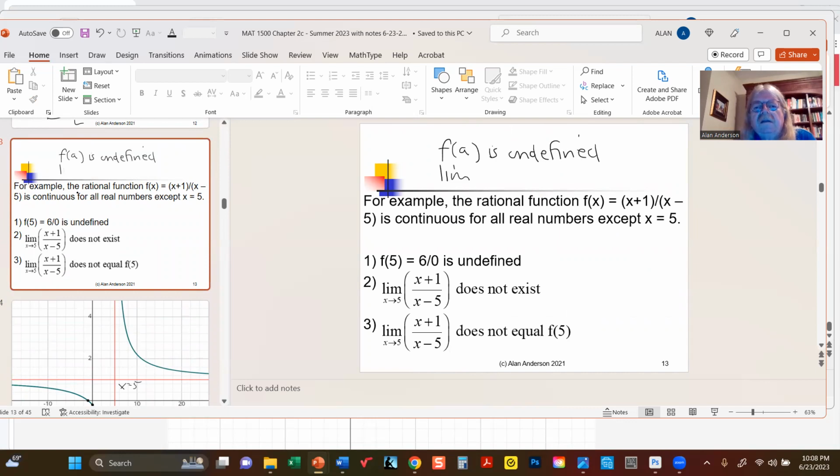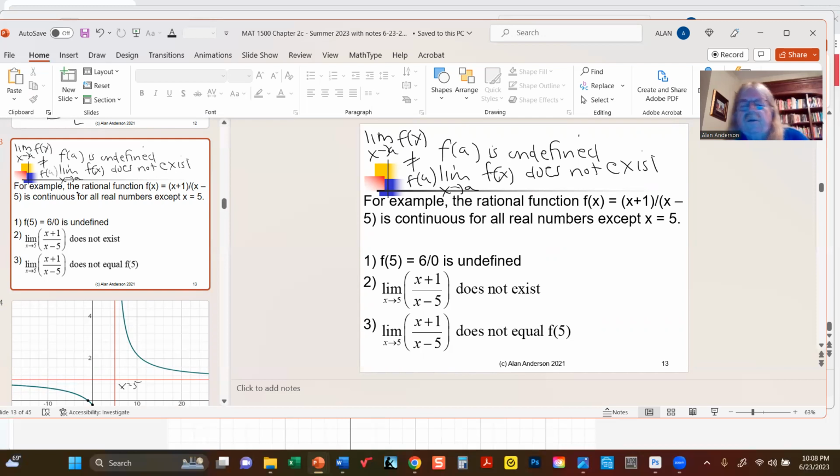The limit does not exist. Man, this one fails in all three ways. And the limit, wow, this one is a 3-time loser, isn't it? In other words, this one does not satisfy any of the 3 requirements for continuity.